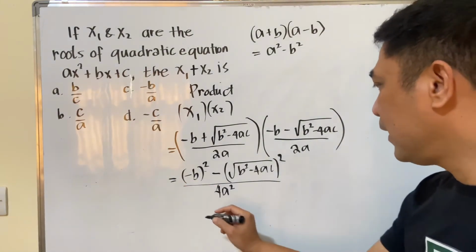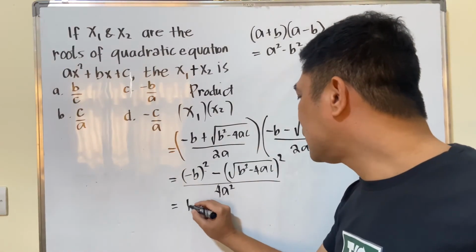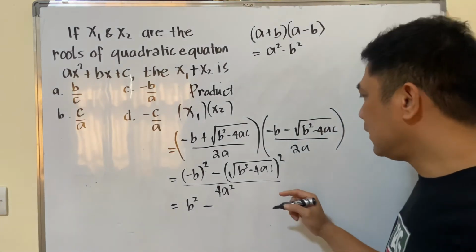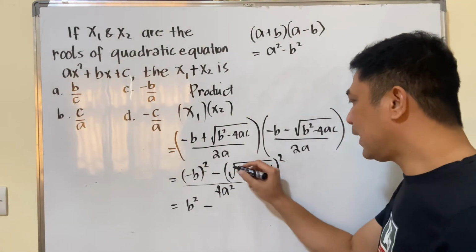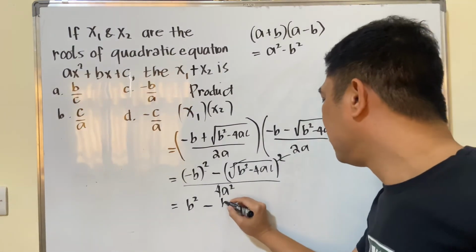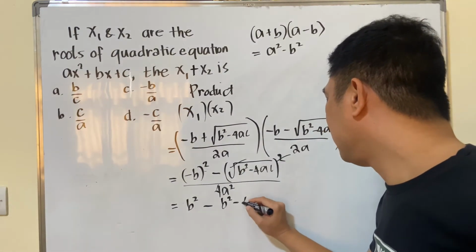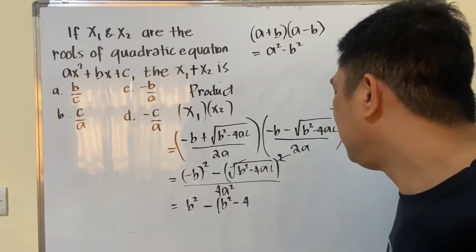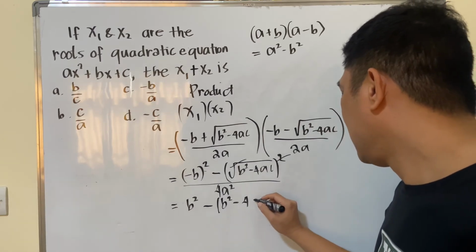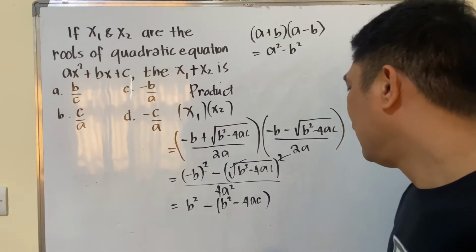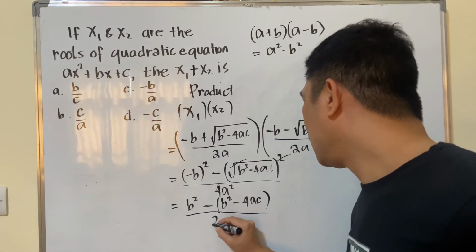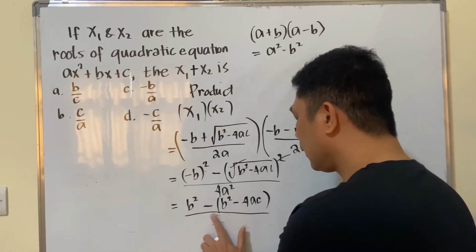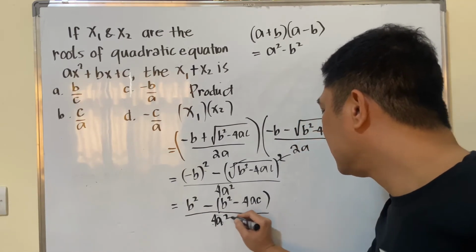So therefore, we'll have here what? b squared, since negative b times negative b is b squared, minus, so the square sign here plus your square there will cancel. So b squared minus 4ac over 4a squared.